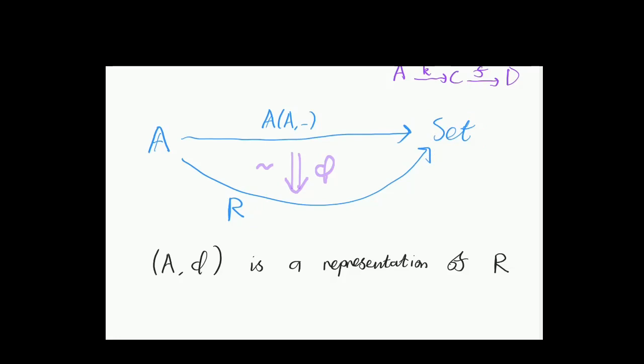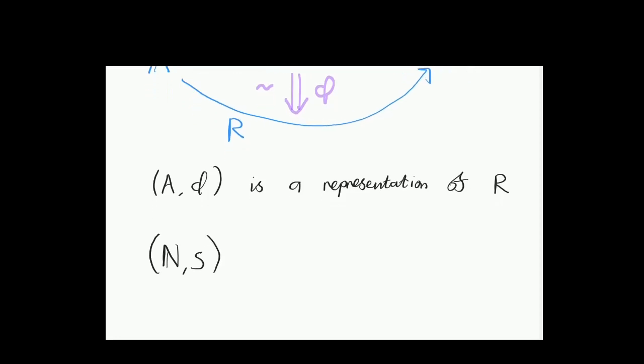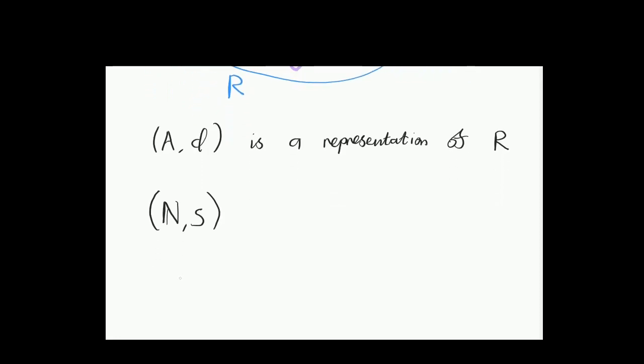There's a certain dynamical system which we might call N, S. Now, N here is the set of natural numbers, so the states of this dynamical system are these natural numbers 0, 1, 2, and so on forever.